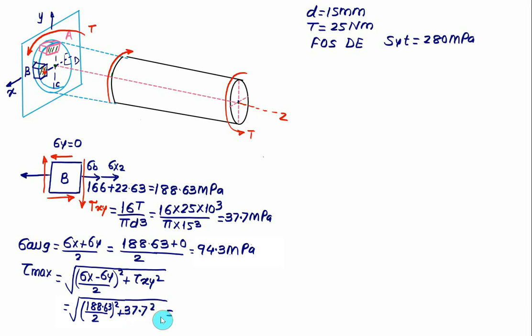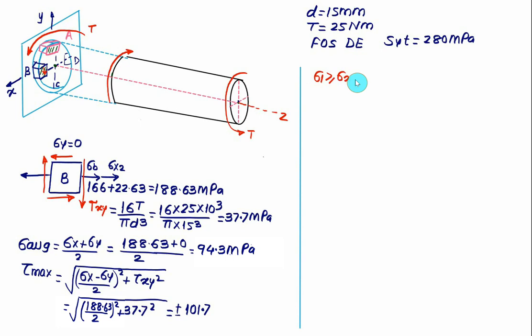So we will get the value of tau max equal to 101.7. This one is a plus minus value. So 94.3 megapascal plus 101 will be a positive value. 94.3 megapascal minus 101 will be a negative value. So that value we will treat as sigma 3.